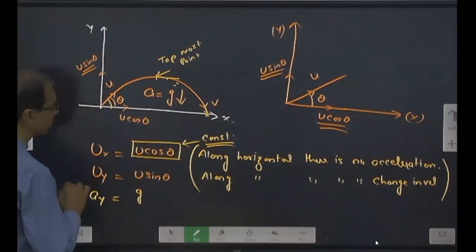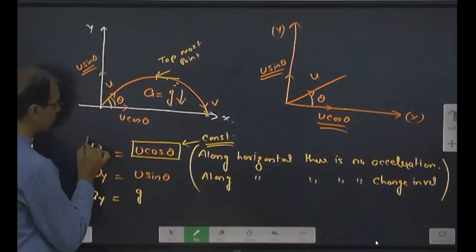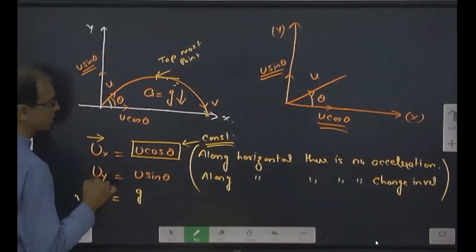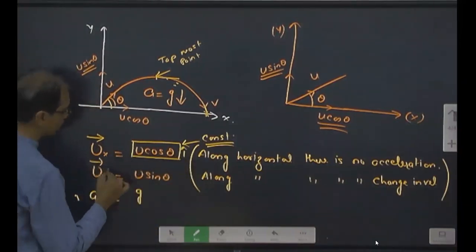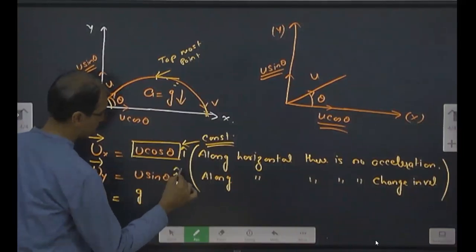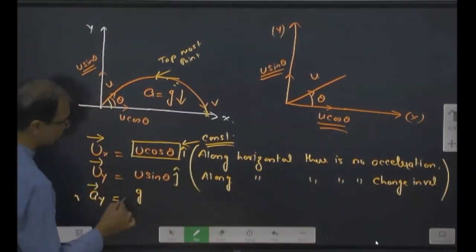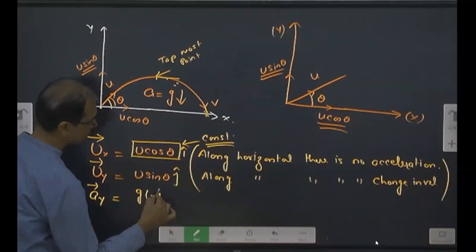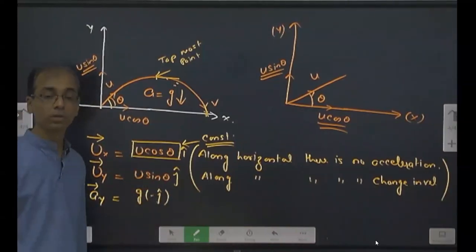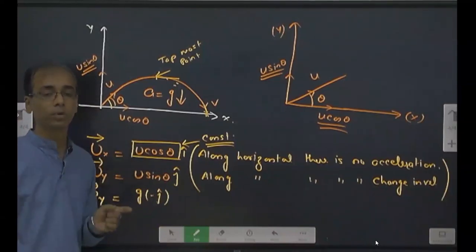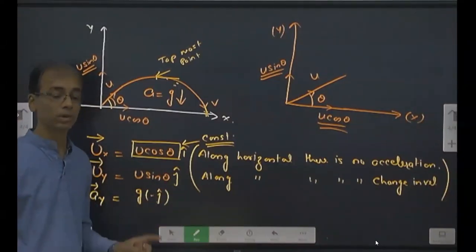If I write vectorially, ux is actually i cap, uy is actually j cap, and this ay is minus j cap. So retardation for this. That means the vertical component of velocity will keep on changing. There will be change in velocity.